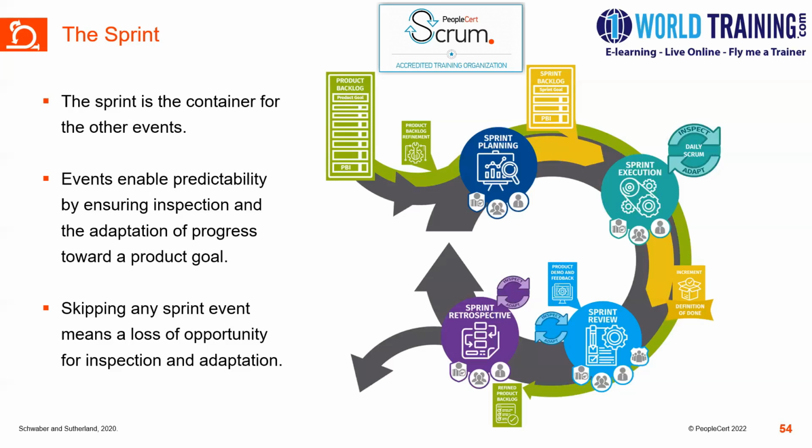Once the increment or the demo for the product has been demonstrated in the sprint review meeting, that again fulfills the aspects of inspect and adapt through the entire sprint cycle.